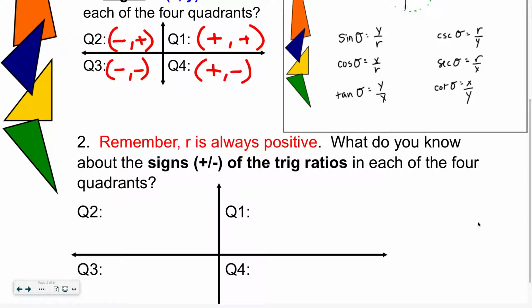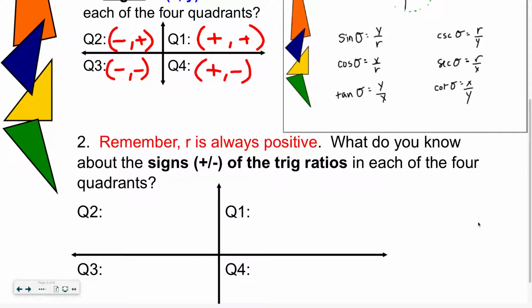In the first quadrant, positive everything. Second quadrant, this is where certain ones will be positive, negative. The y ones, y over r, would be positive, so sine would be positive. And then the other two would be negative. Quadrant 3, all will be negative, because you'll have tangent, since they have x.